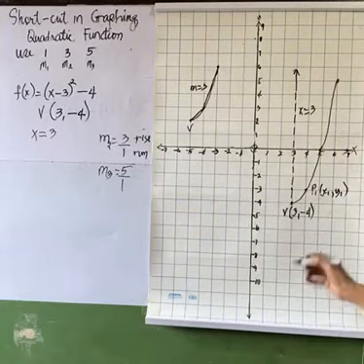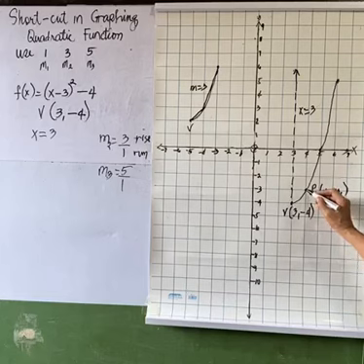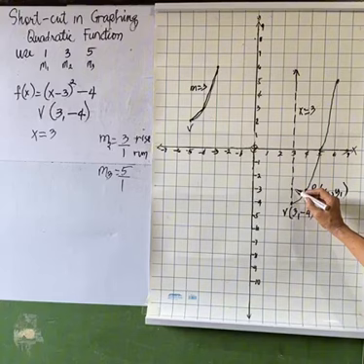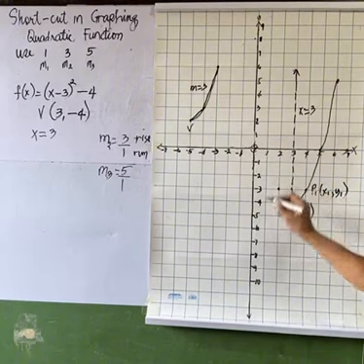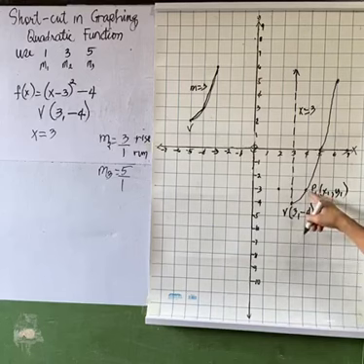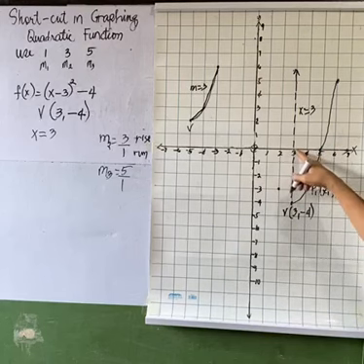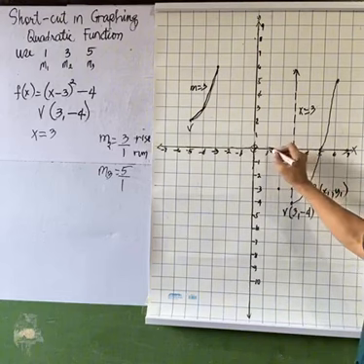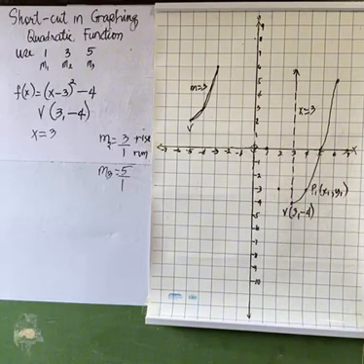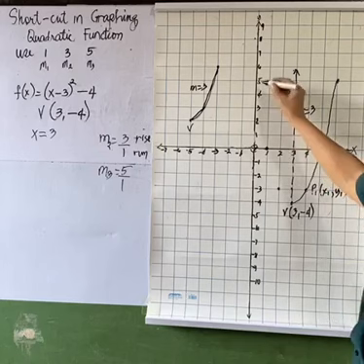And so therefore, we need to find the symmetrical point of P1. Since P1 is 1 unit away from the axis of symmetry, its symmetrical point is also 1 unit away from that axis. If this is 2 units away from the axis of symmetry, its reflection is also 2 units away from that axis, the same way.